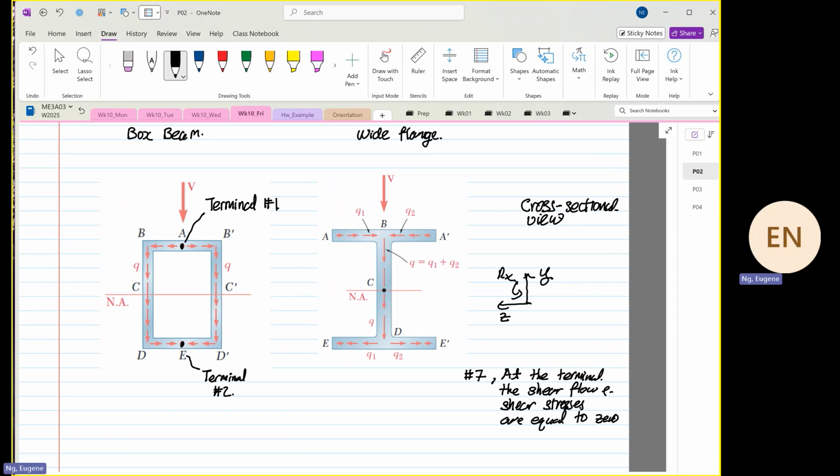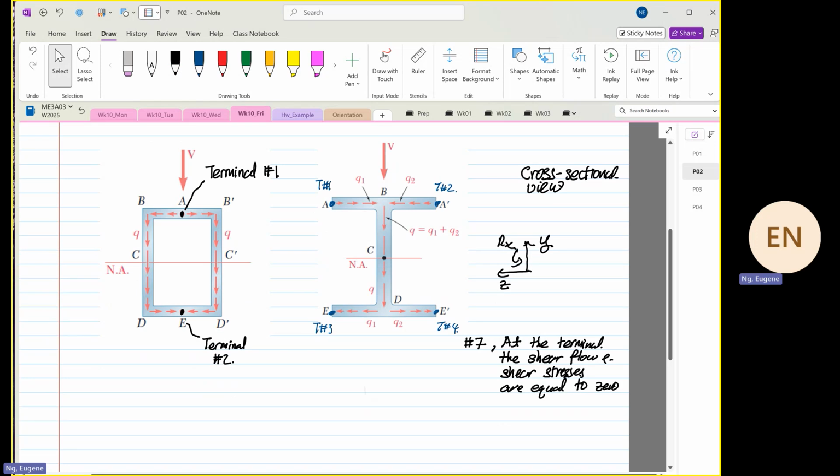Okay. So for box beam, you have 2 terminals. For wide flange, you have 1, 2, 3, 4. So you have terminal number 1, terminal number 2, terminal number 3, and terminal number what? 4. It's like Pearson Airport. Okay.